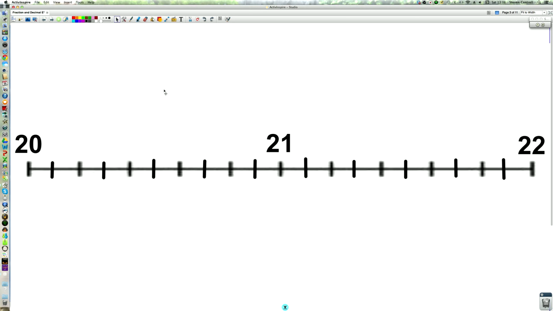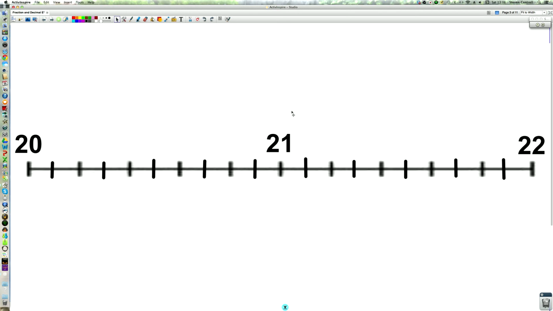All right, so here we have a number line, and it's only at 20, 21, 22. This is something I was going to have you do in class, but we may not get to it, so I just wanted to do it here for you. I've added a couple of lines in the middle so we could do it in tenths.